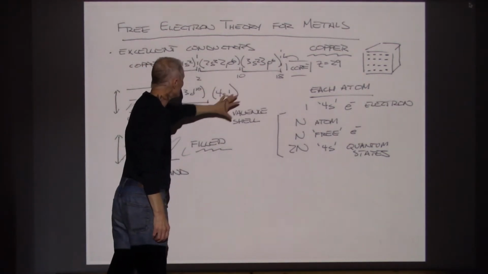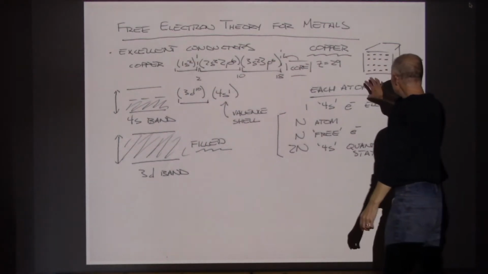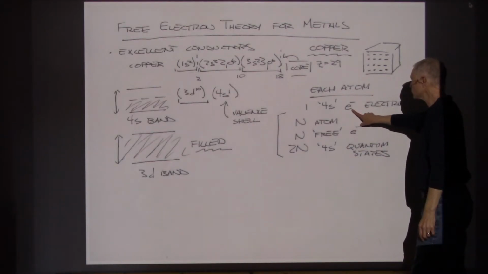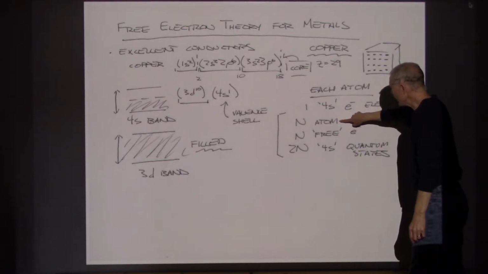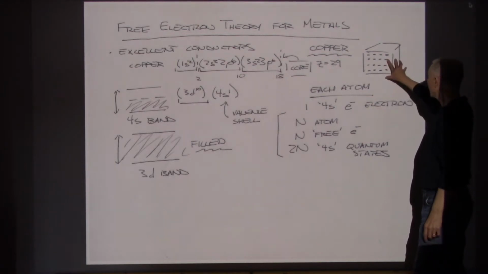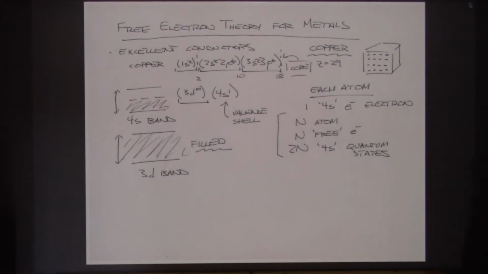So we're really coming into these 4s electrons, and each atom brings with it one 4s electron. So if I have n atoms, that's going to provide n free electrons. So if I have a block made up of n copper atoms, there are n electrons holding it together.